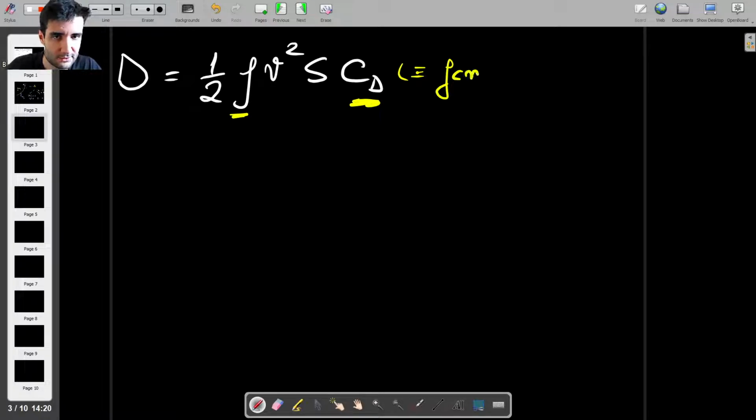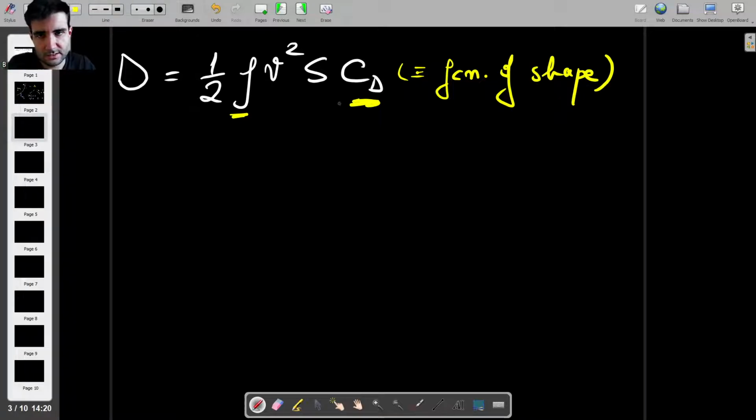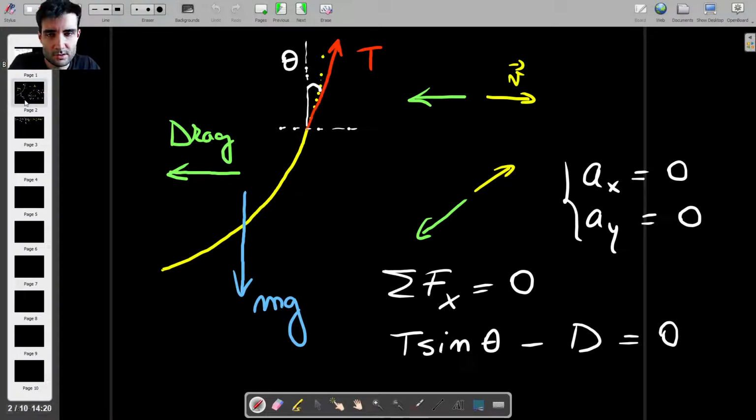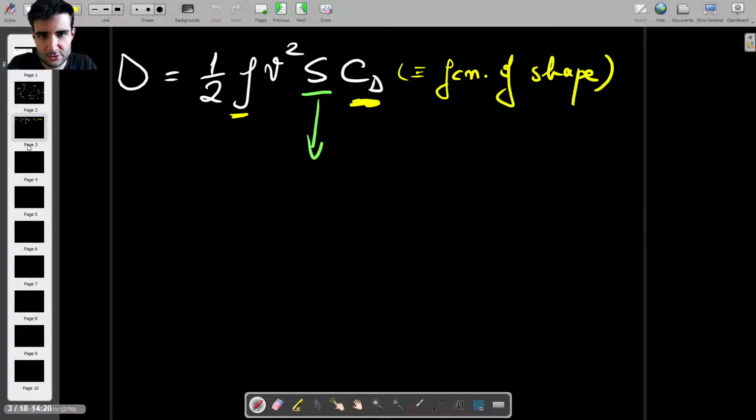Okay, so this is a function of shape, okay? And this S here we would call the wetted area of the cable. Okay, so in this case, we're looking at this section which has this length, and let's call this length maybe lowercase l multiplied by t.